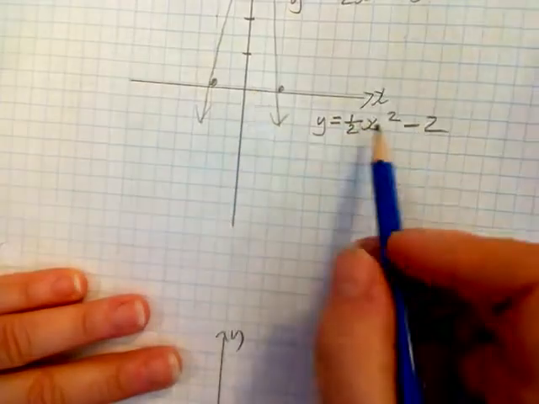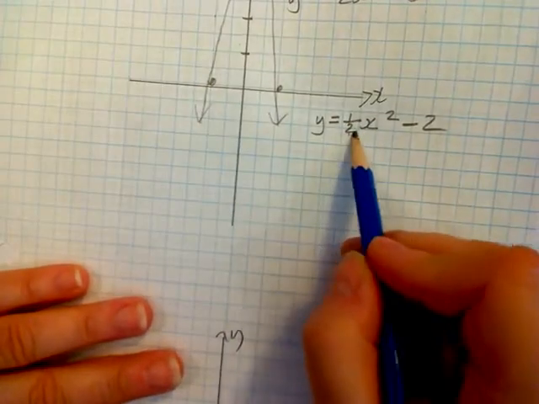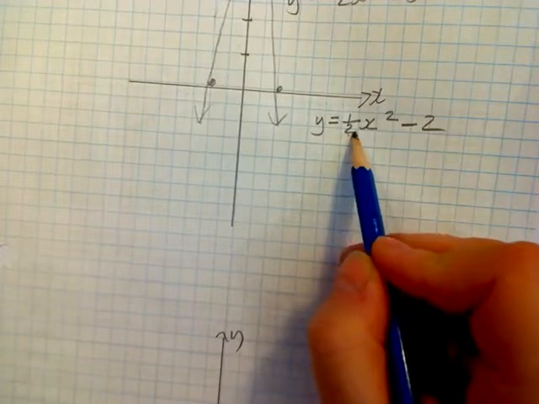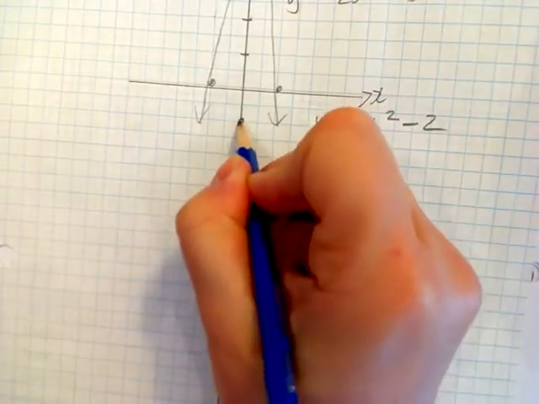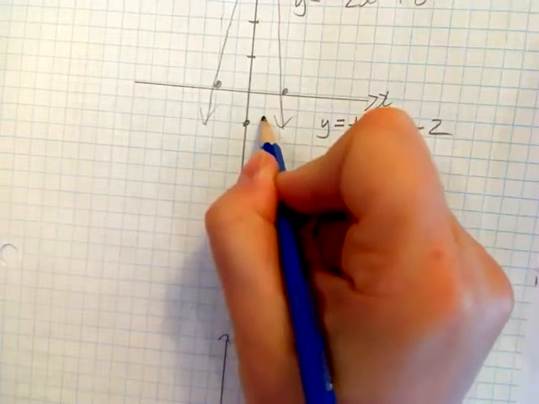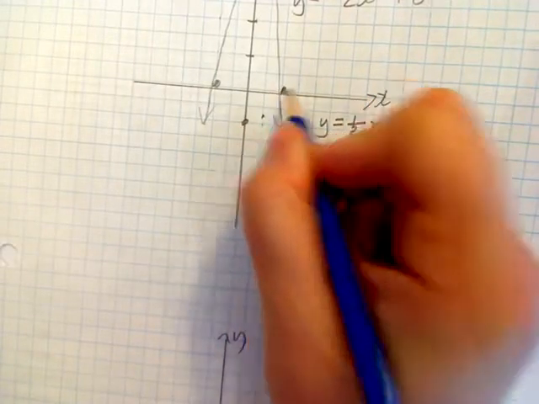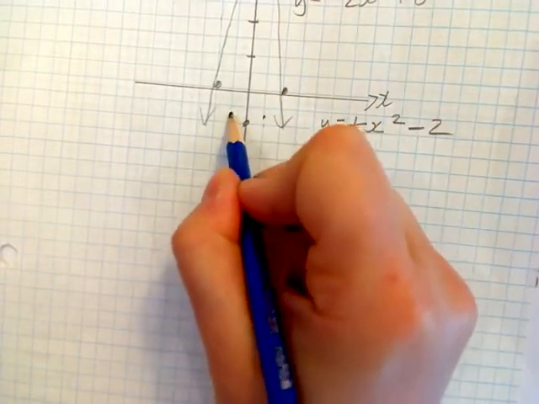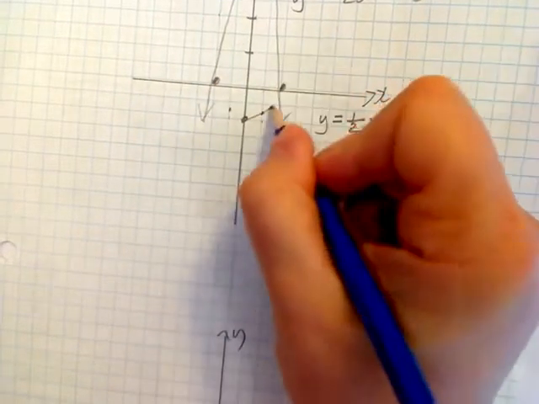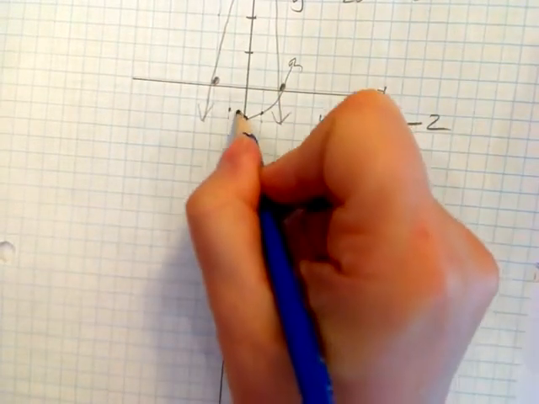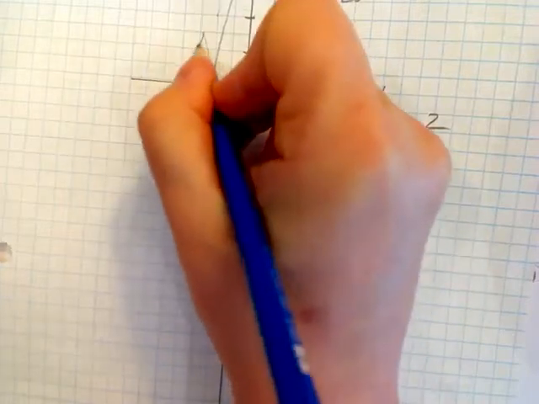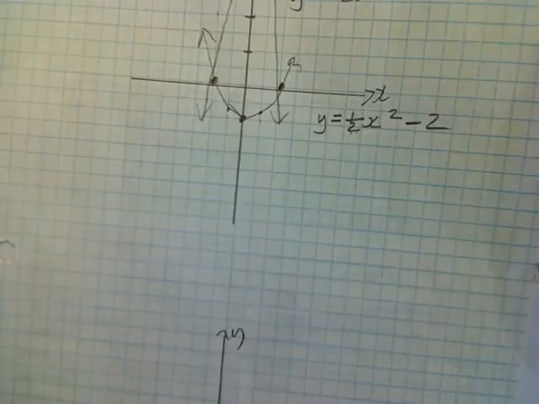Okay, so I'm going to go concave up. I'm going to go over 1 up a half, over 1 up 1.5, and I'm starting at -2 on the y-axis. Over 1 up a half, over 1 up 1.5. Oh my gosh, what a coincidence. It lands right on the same points of the other curve. And there we have it.